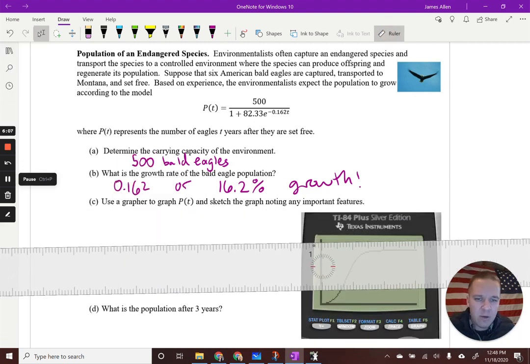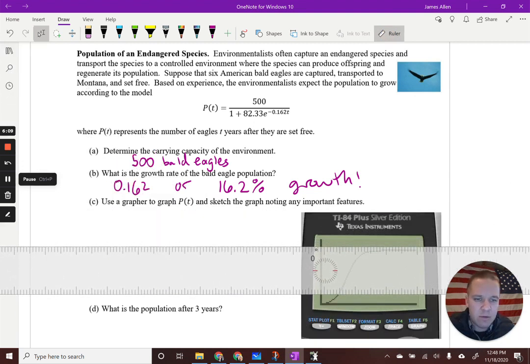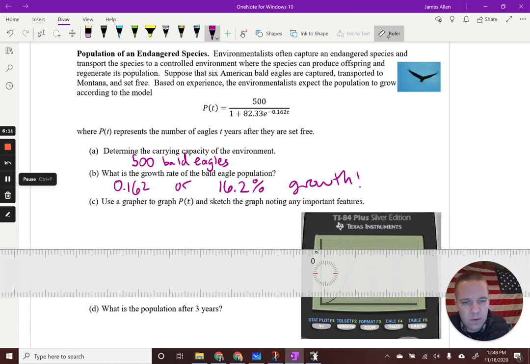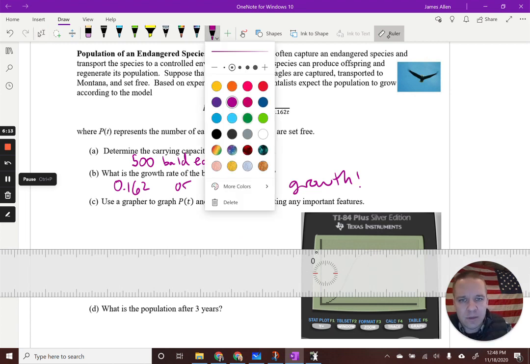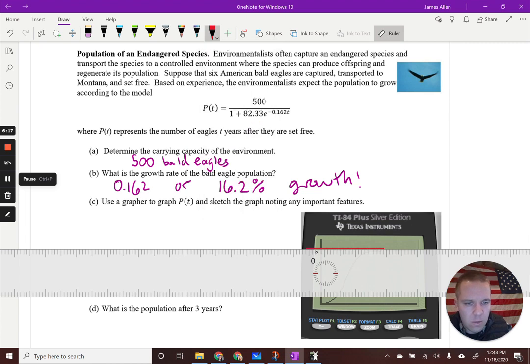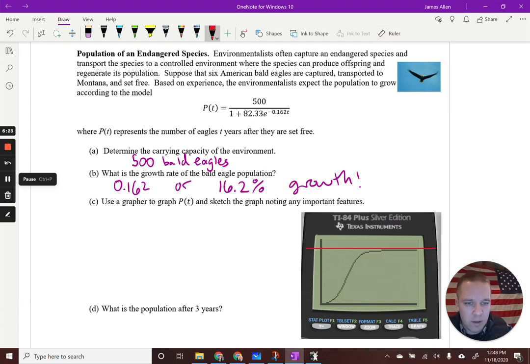I know I'm going to have that asymptote of y equals, should go with red here, y equals 500, okay? And I've got one at 0 as well. Y equals 0, that is. So this is y equals 500. That is my carrying capacity, right?